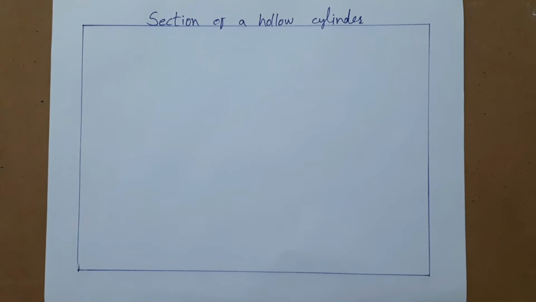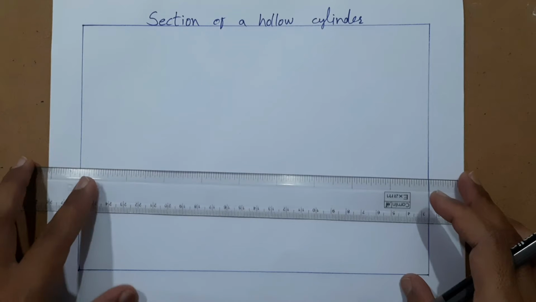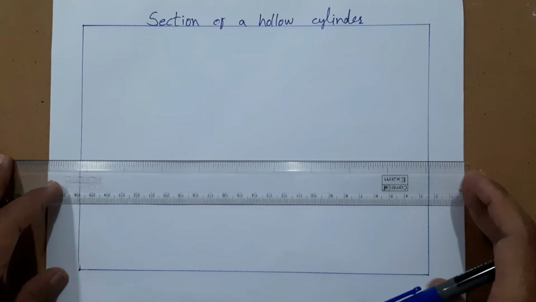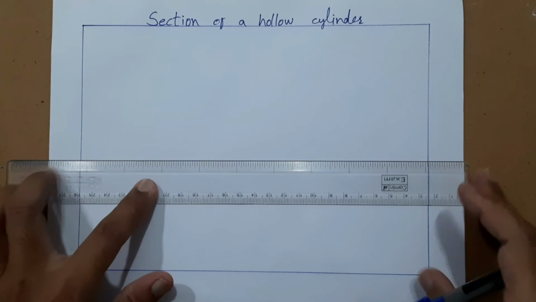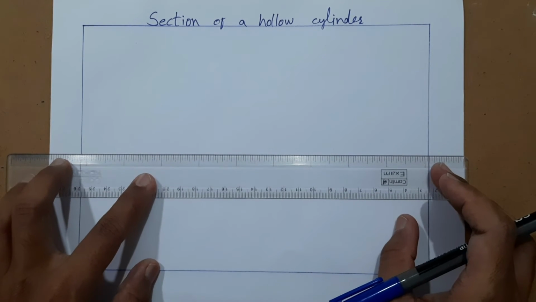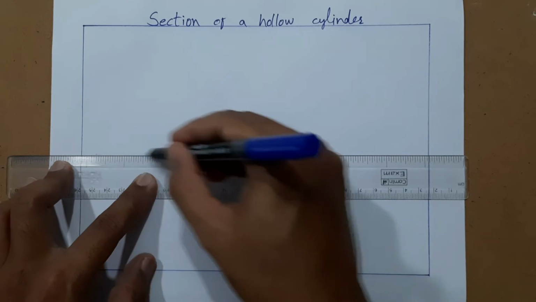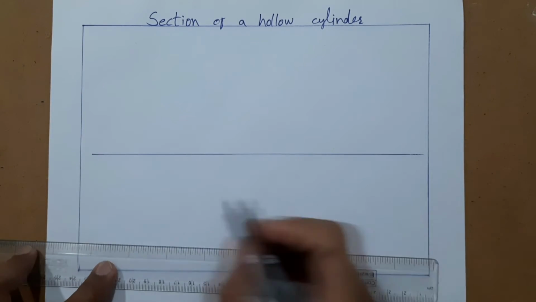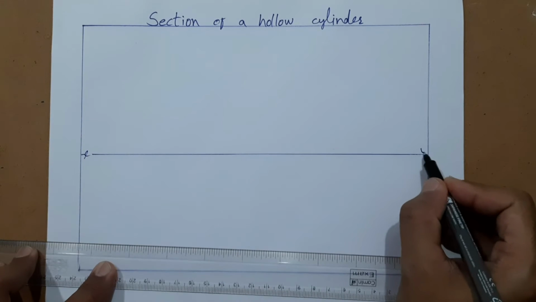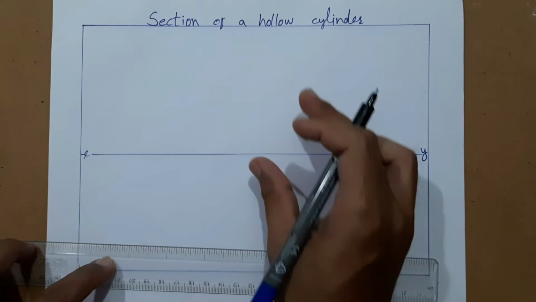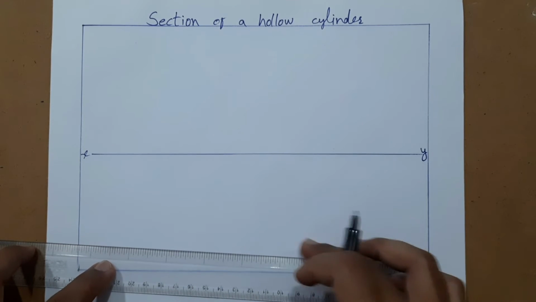First we will draw the XY line. Okay, this is X, this is Y. Here we will start the front view, top view, then here we will do the inclined diagram, and here comes the final.